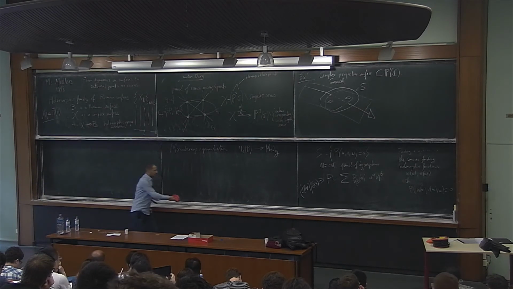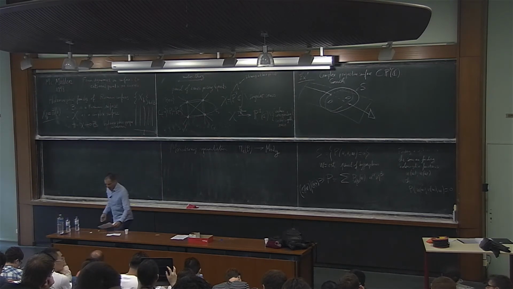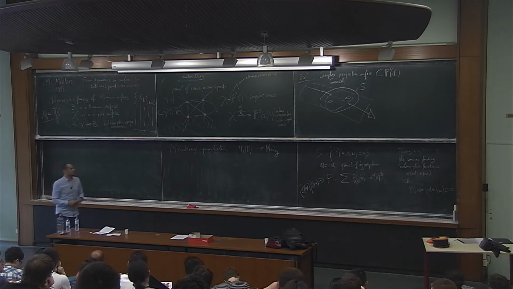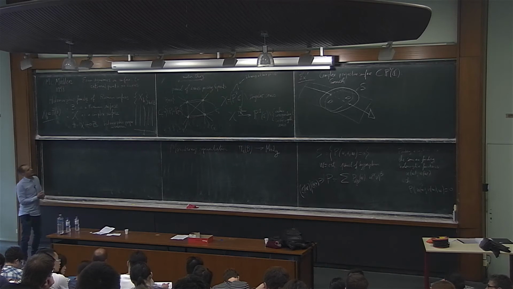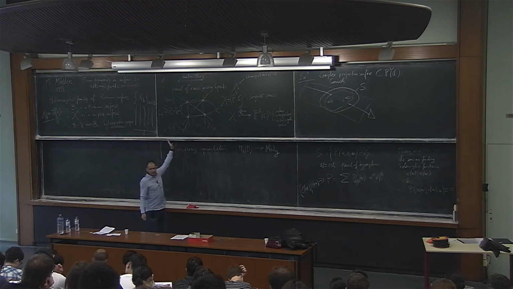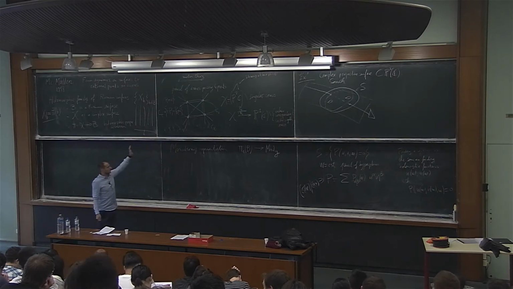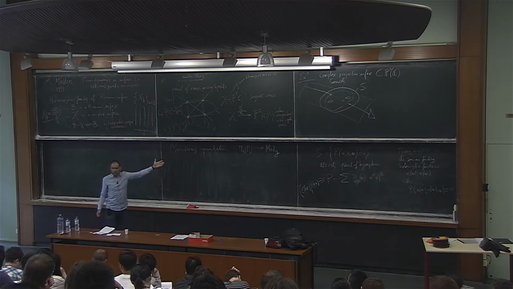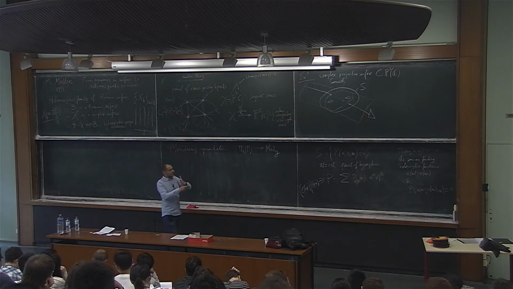But maybe I should say something before going into this Teichmüller theory review. Before Manin and what I'm going to cover, we knew very little about this monodromy representation, apart from something which was very well known.